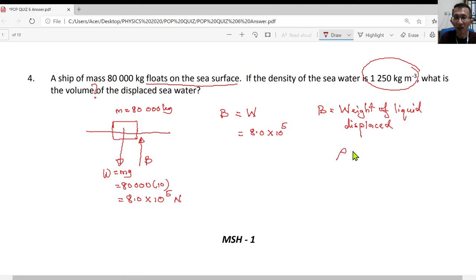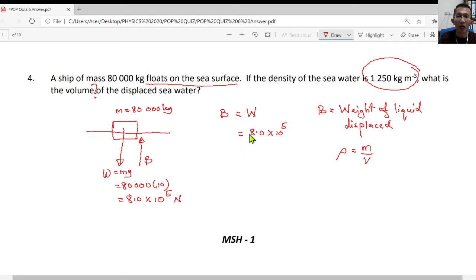From density equals mass over volume, correct? How are we going to solve this?